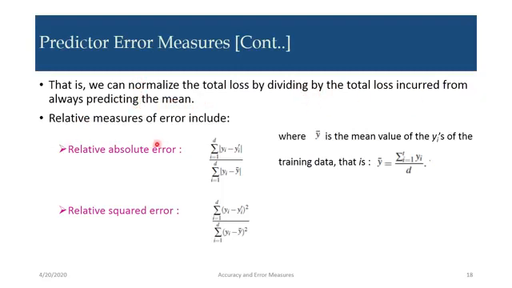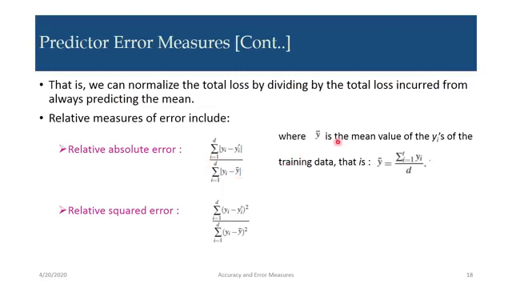So relative measures of the error include relative absolute error, that is the summation of i equal to 1 to d of |yi minus yi'| divided by the summation of i equal to 1 to d of |yi minus y mean|. So here the numerator is the formula we have already discussed earlier, divided by yi, the actual response value, minus the mean of the response value.